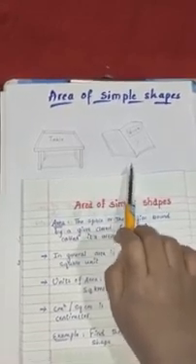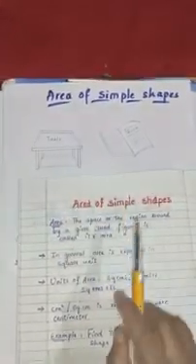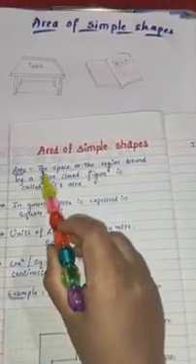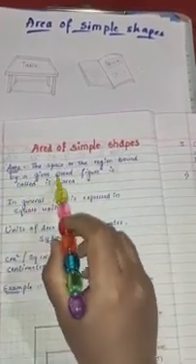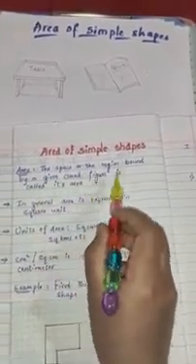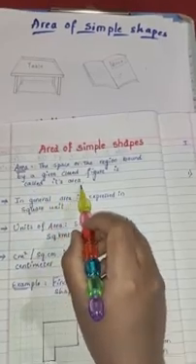Understood? So what is the meaning of area? The space or region bound by a given closed figure is called its area.